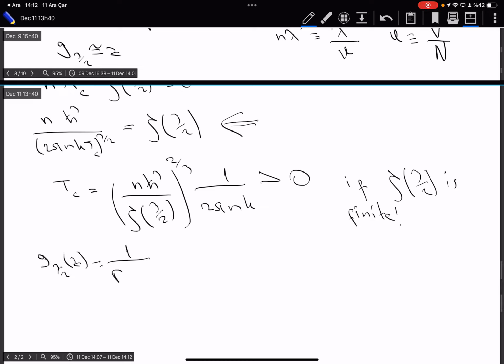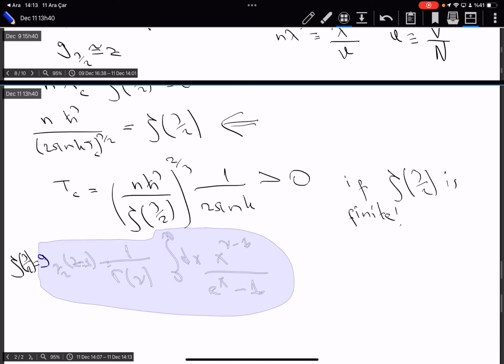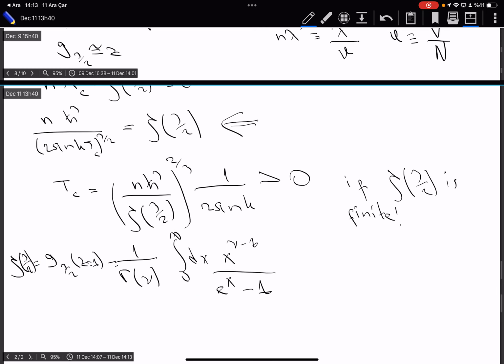This is 1 over gamma of nu, integral from 0 to infinity, dx x to the power nu minus 1 divided by, I'm looking at what happens at z equal to 1, e to the power x minus 1. So is this integral finite? How can you show that this integral is finite?